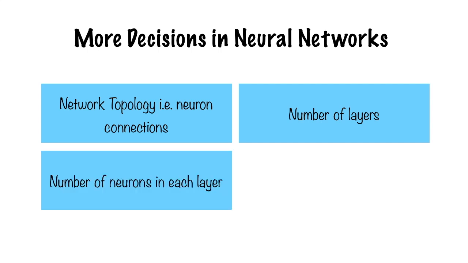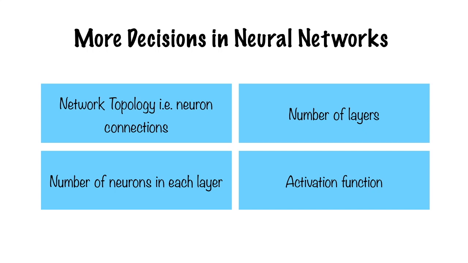Another decision is the number of neurons that you want in every layer. Depending on the size of your input, you might decide that the number of neurons in the first layer should be equal to the size of your input. But for every layer after that, you'll need to make an explicit choice or decision. Another significant factor which determines how your neural network performs is the activation function.